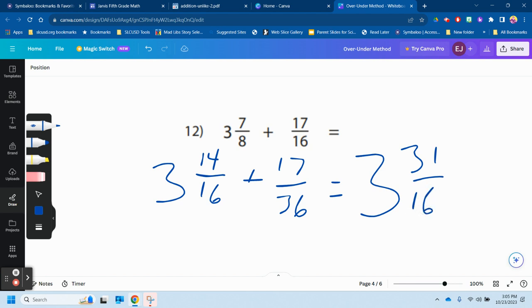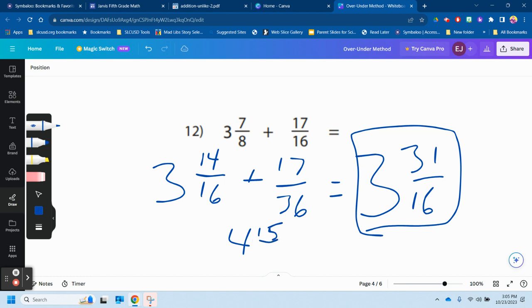That's an improper fraction. So if you want to divide 31 by 16, this is fine. But if you're going the next step, you can change these, because 31/16 is greater than 1. The numerator is greater than the denominator. So just a little extra help for you. You can check that out.